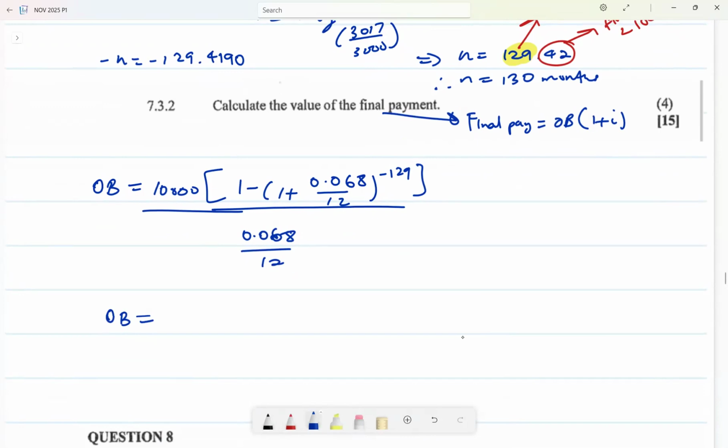I get an outstanding balance of, no, this is too much. It can't be an outstanding balance of this much. Let me confirm something.